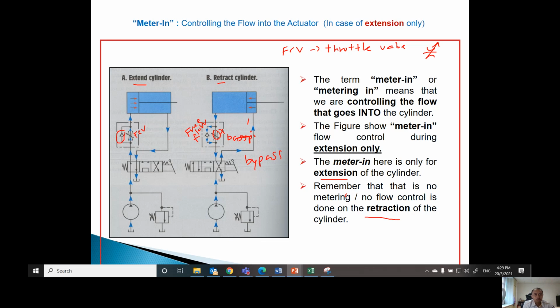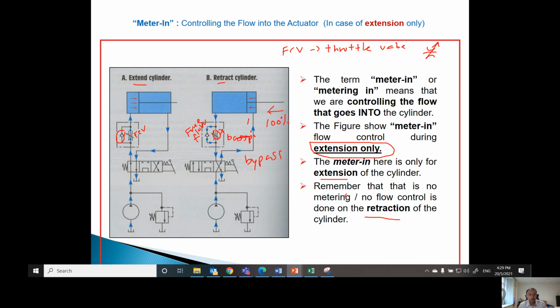That is why during retraction, the piston will move at 100% of the speed, because nothing is controlled through this one-way flow control valve, because of the way we connect it using the meter in concept. So this is an example of meter in during extension only.